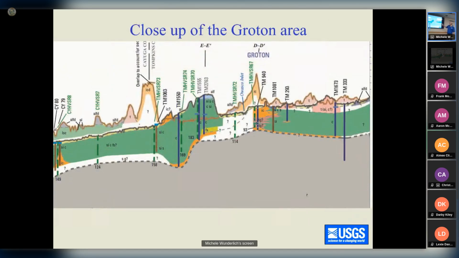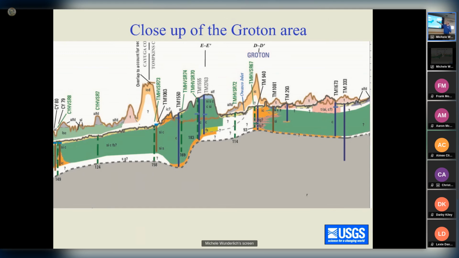So this is just a close-up in the area around Groton. Groton is kind of the exception. There's a pause in the ice here, and you can see there's a big rise in bedrock here, so that may have something to do with the ice being stuck there for a while.